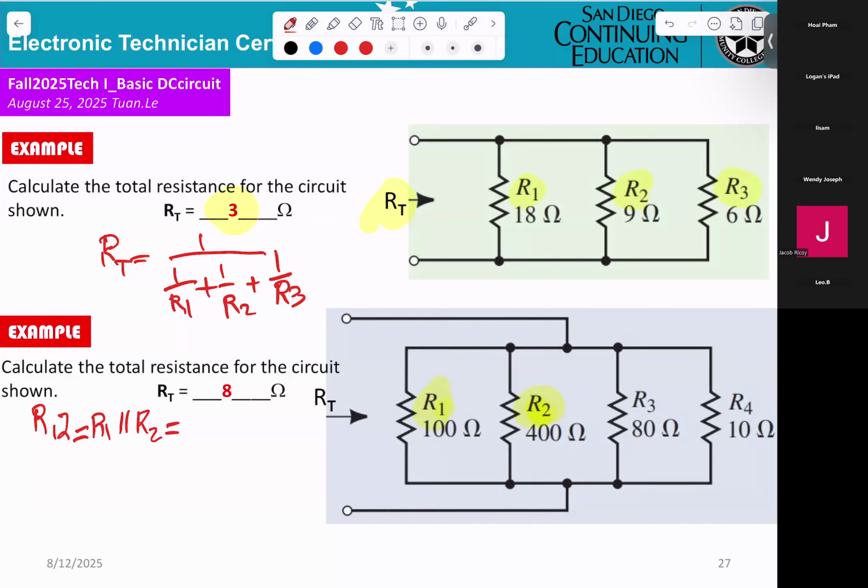The formula for two resistors in parallel is R1 times R2 divided by R1 plus R2. That means you combine that one and that one, and you get only one. You call it R12. And then R3, R4.